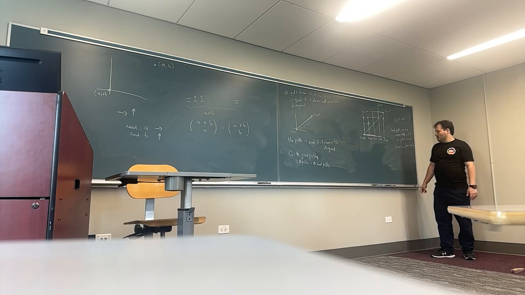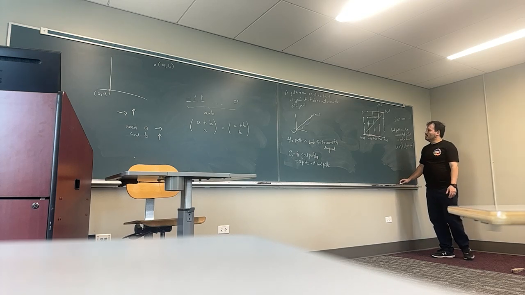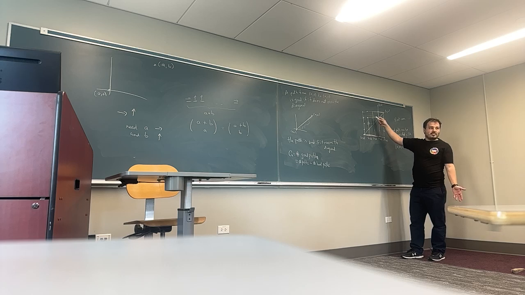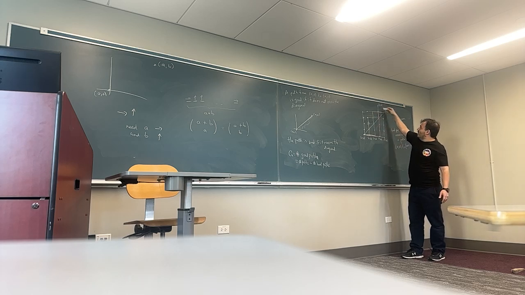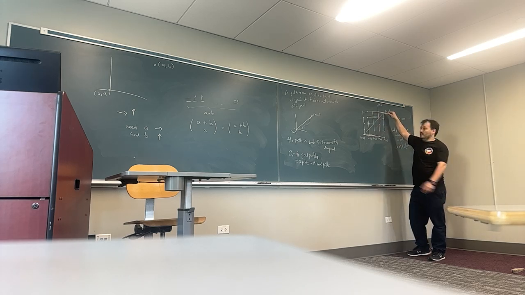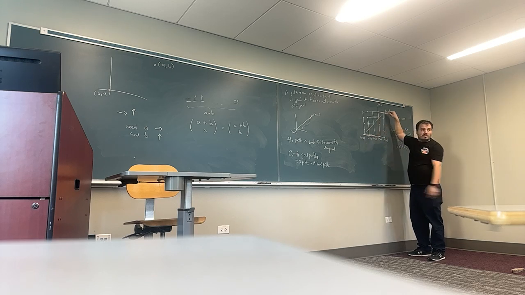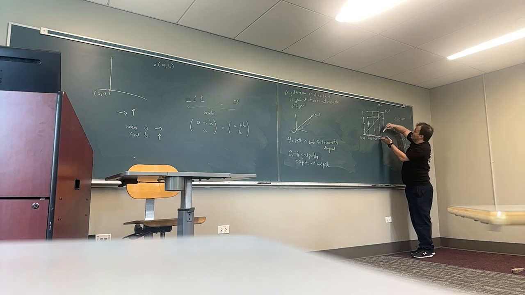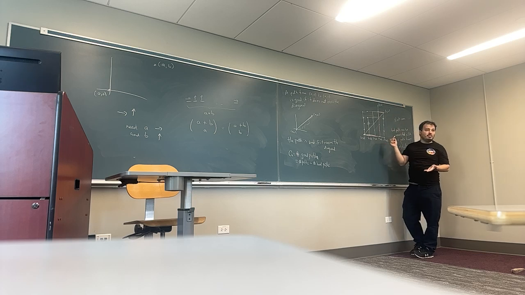Okay? So what you can do is you look at the first cross and you change all the rights to ups, and now instead of ending there, you're going to end up here. And it's going to be bad because you crossed. And if you end up here, you had to cross, right? Because how do you get here? You can't go backwards, so you have to cross the diagonal at some point.